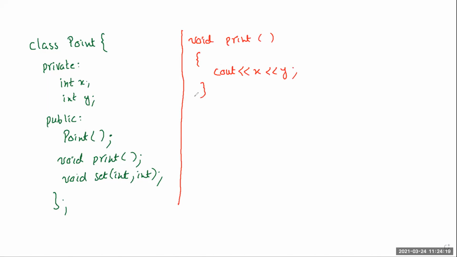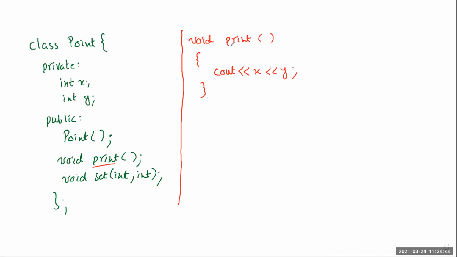If we write like this, how do we tell that this print function is this one? Because if you write like this, your program might think that this is a global function, a standalone function. Another disadvantage is that a print function can be present in many classes. For the time being, we are writing programs with one single class.